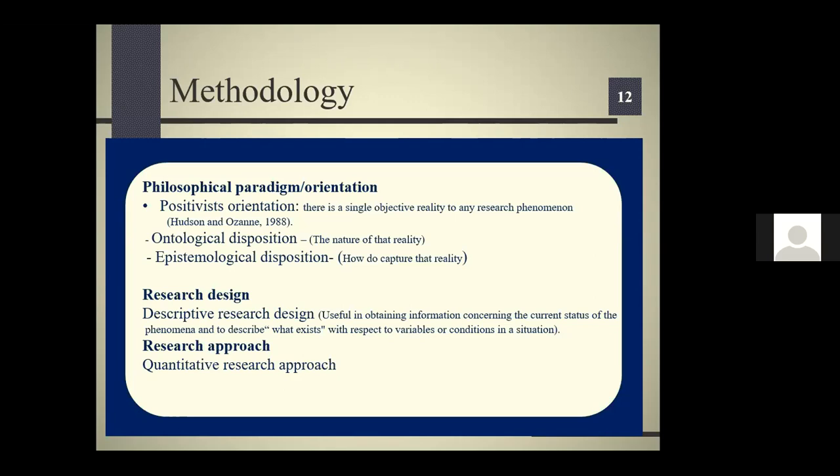The research design here is descriptive research design. I intend to use descriptive research design, and this will help me to obtain information about the phenomenon I'm looking at, and probably describe what exists with respect to the variables that we have already seen in the conceptual framework. I will, of course, have the research approach be a quantitative research approach.